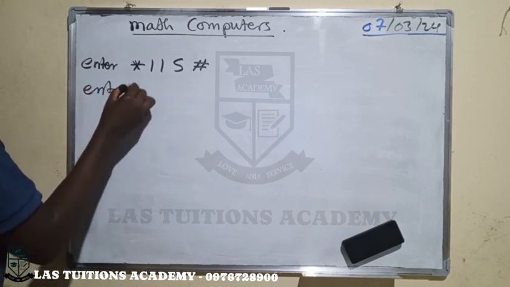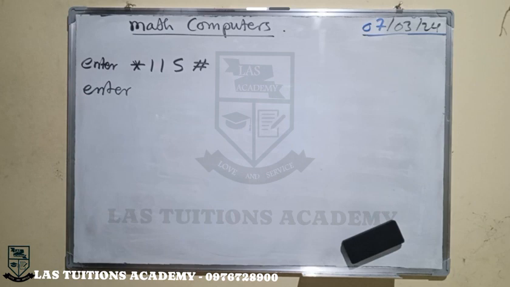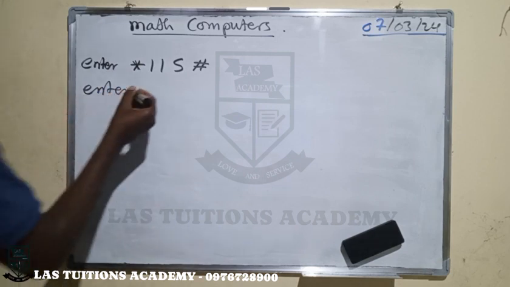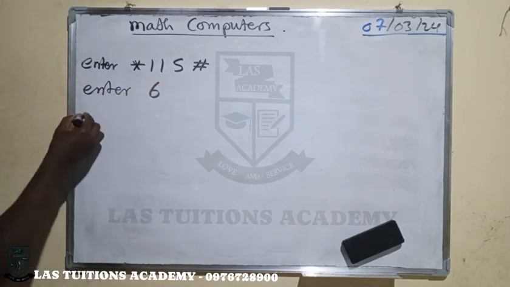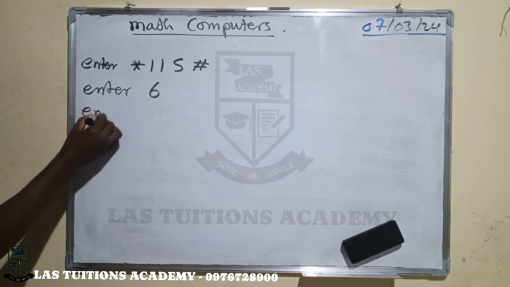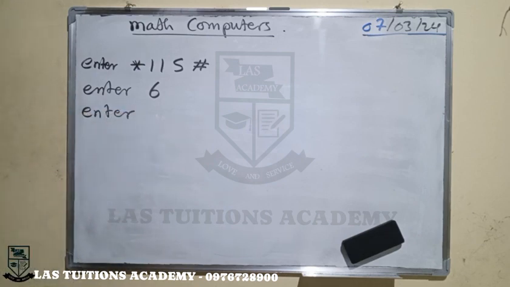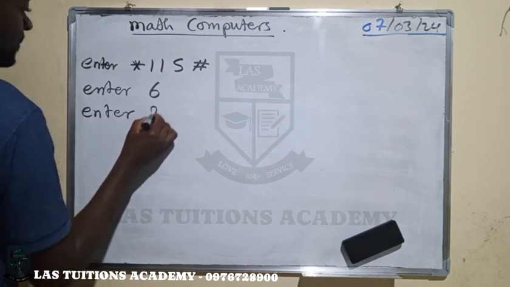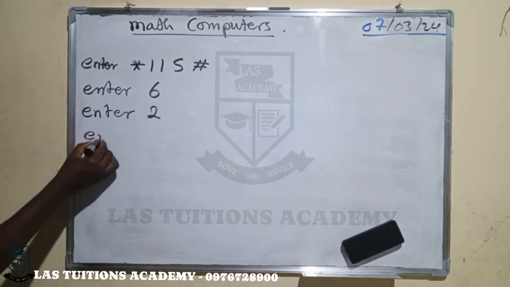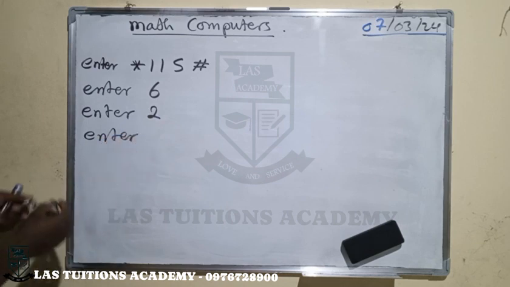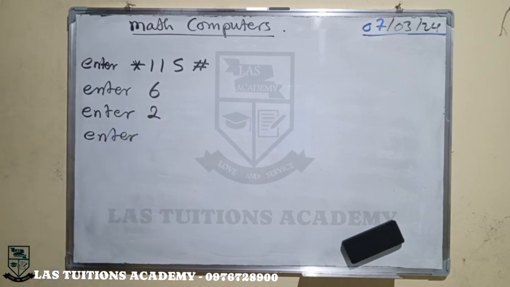Option 1. If you want to check balance on mobile money, it's option 6. Good. Then what do you enter after option 6? Option 2. Then from there, you enter the PIN.